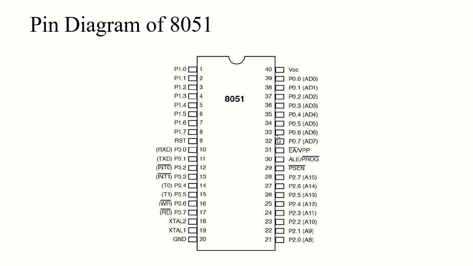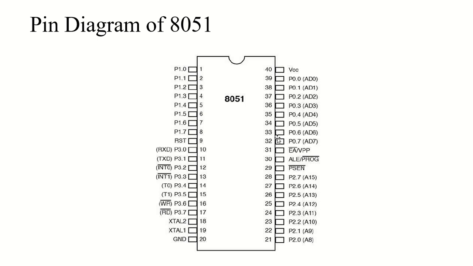If port 1 has been configured as an output port, then to make it an input port again, it must be programmed by writing 1 to all its bits. If you want me to discuss the code for that, we will make a separate video on it on your demand.